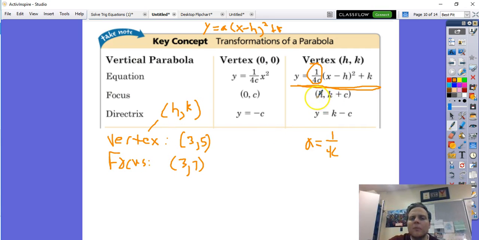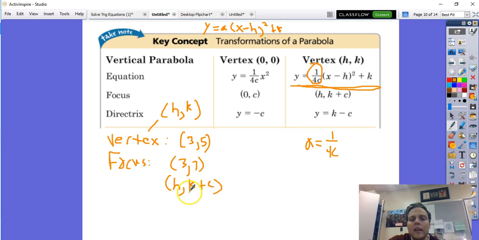The focus is the point (h, k plus c). For this problem, it's the point (3, 7). Well, we know the focus is always (h, k plus c). So in other words, we know h is 3. That matches up with what we did a second ago.